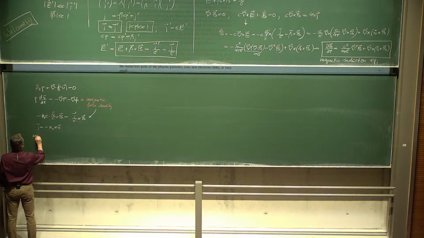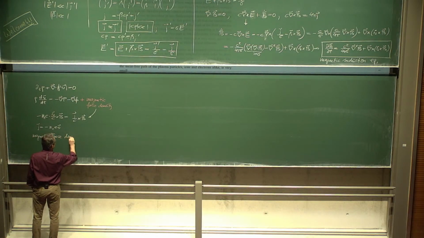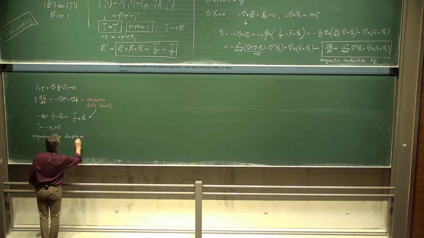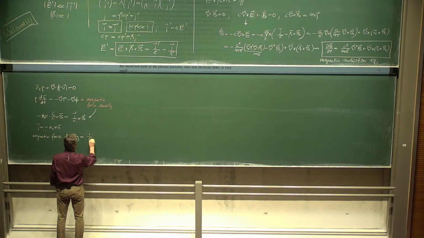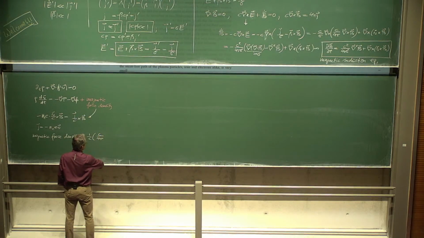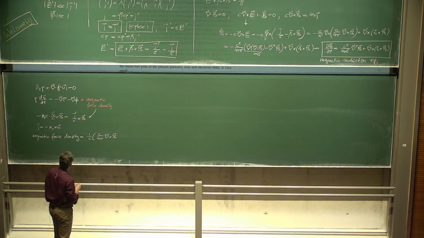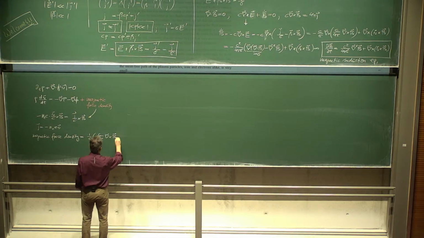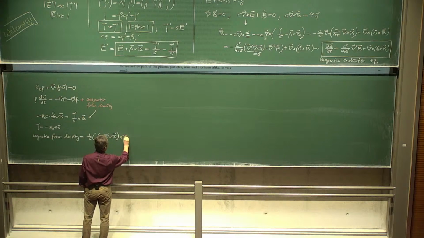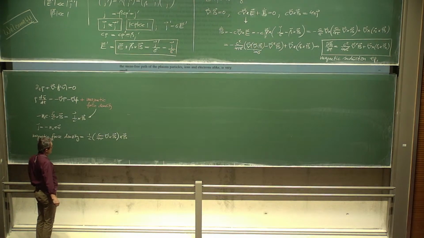So I can write magnetic force density. This is 1 over c. Now the expression for the current density, so that's c over 4 pi curl B. Vector product times B. So that is the magnetic force density. c cancels out.